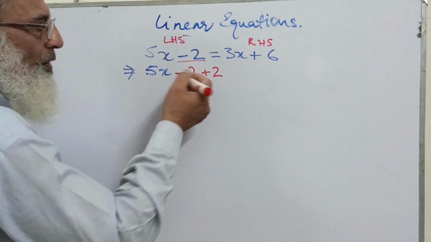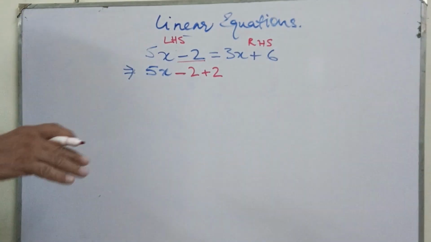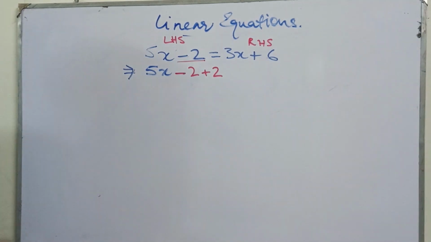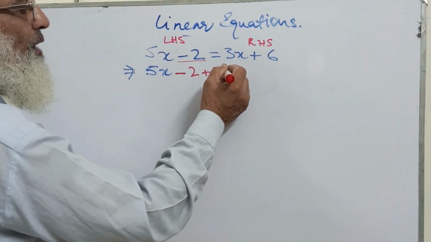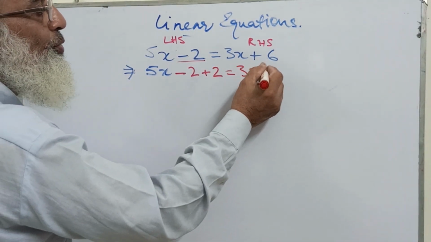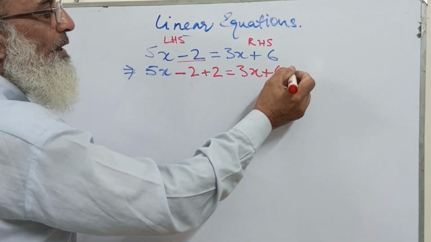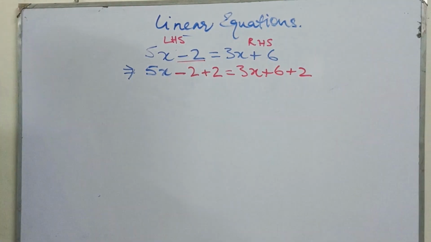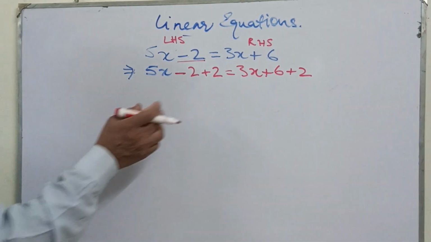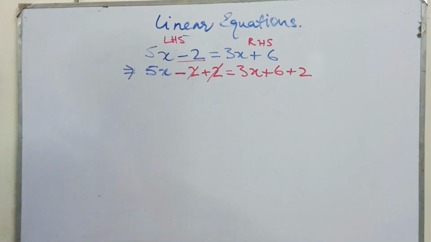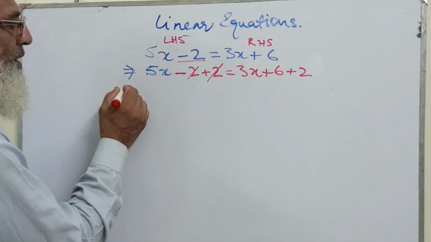Now since I have disturbed the equation, I have disturbed the balance. So I have to add the same amount to the right hand side. Similarly, now you see that this is gone from here. 2 minus 2 is 0, so we cancel it.